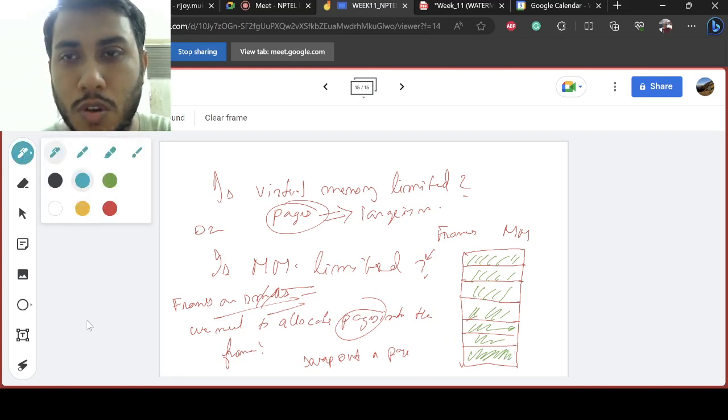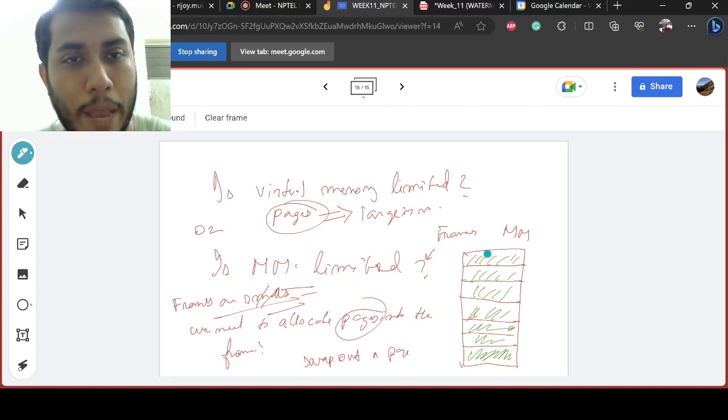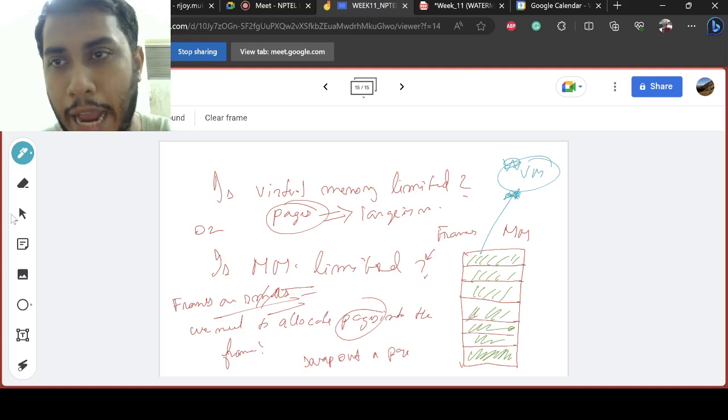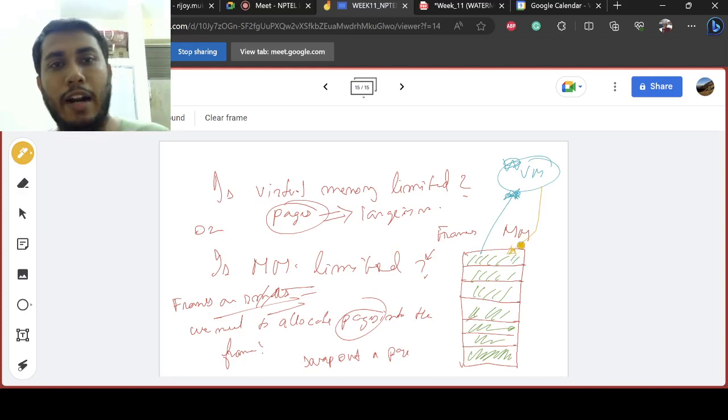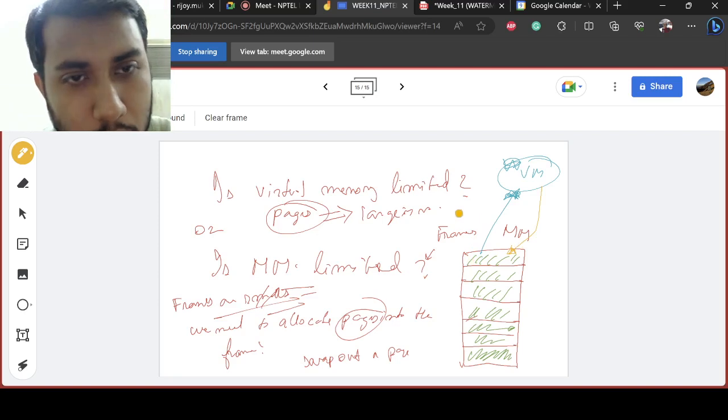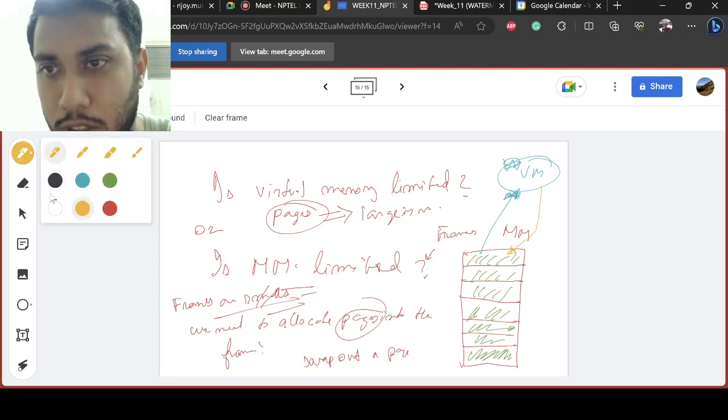So what we need to do is swap out a page, let's say this is your VM, from here to there, and swap in a page from here to here, right? Whenever a page fault occurs, in case of a page fault.